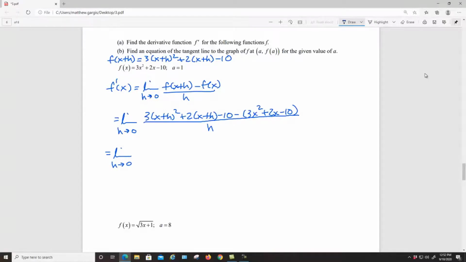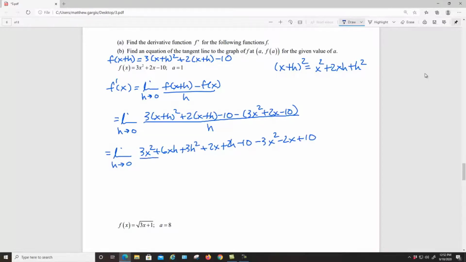Alright, so x plus h squared, remember from the last problem we said is x squared plus 2xh plus h squared. So I'm going to multiply 3 times that and I will get 3x squared plus 6xh plus 3h squared. And then here if I distribute, I get 2x plus 2h minus 10, and then distribute here, I get this all over h, and then we're just about there.